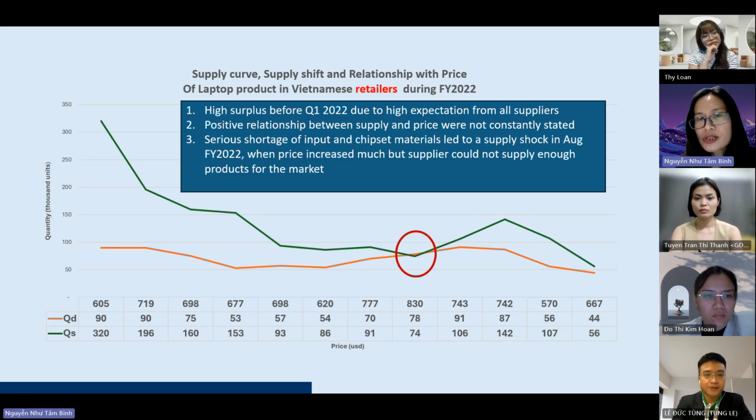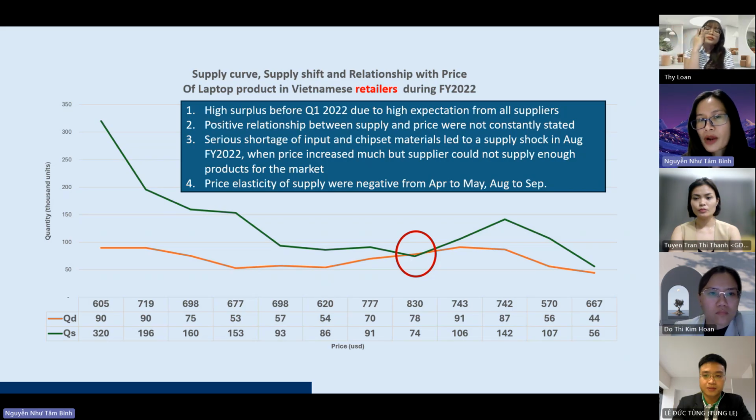And the serious shortage of input and chipset materials led to a supply shock in August of the year, when the price increased much, but the suppliers could not provide enough products for the market. And regarding the price elasticity of supply, as we can see, there was a negative value from April to May and also from August to September.